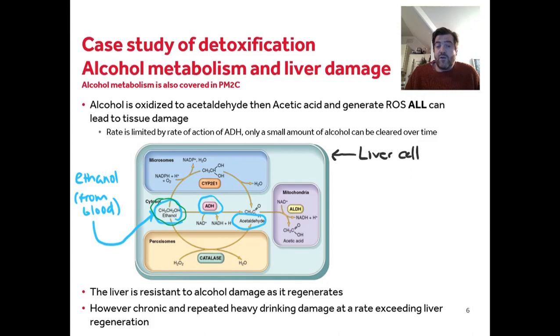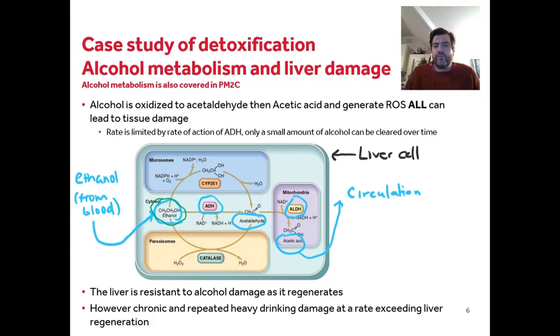So that forms acetaldehyde. Acetaldehyde is then conjugated and we form acetic acid. And it's the acetic acid that is then removed into the circulation, where it's then excreted by the kidneys.